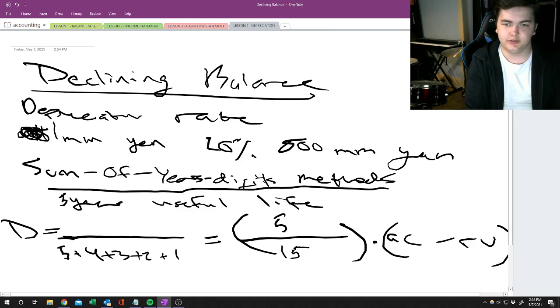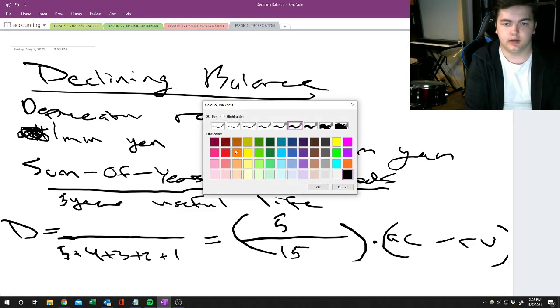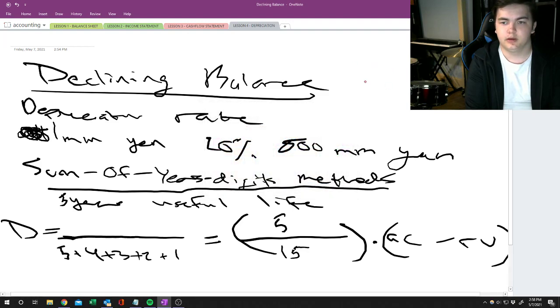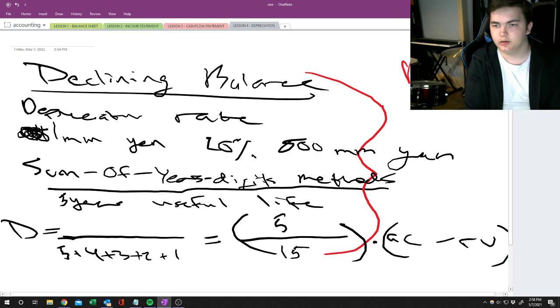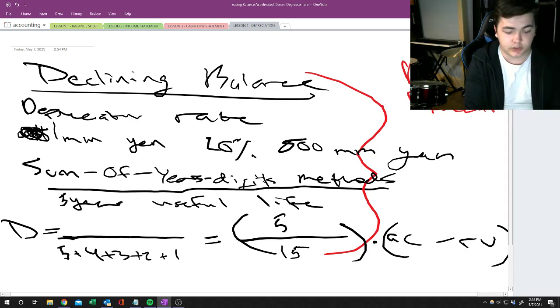So for these last two, I think it's important to note that these are accelerated depreciation. So the amount at which the depreciation is expensed picks up speed.